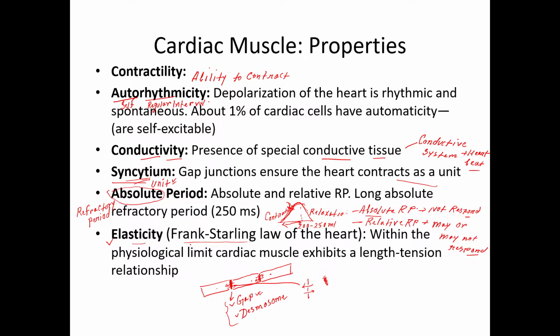That is called Frank-Starling law. That law tells that within a physiological limit, the length of the muscle will be proportionate to the pressure or tension. So if you increase pressure, it will get longer. If you pull or put more pressure, it will get more elongated.